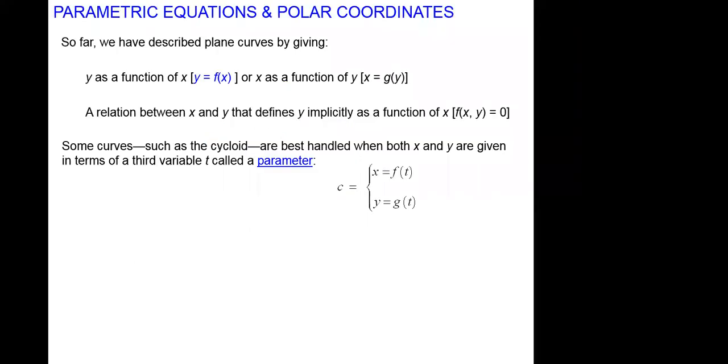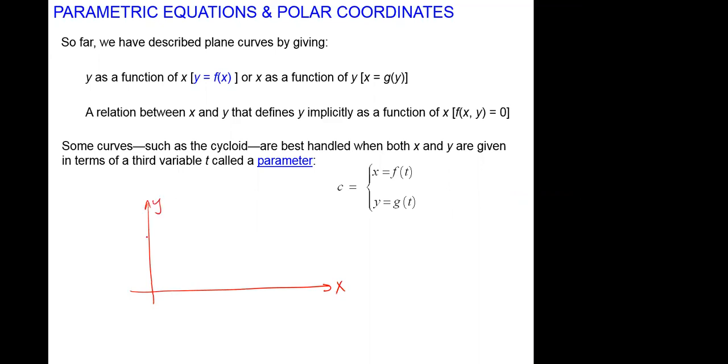Let's look at this. Parametric equations are basically like a set of quantities that will define explicitly a curve. Okay? That means having a curve in the xy plane.